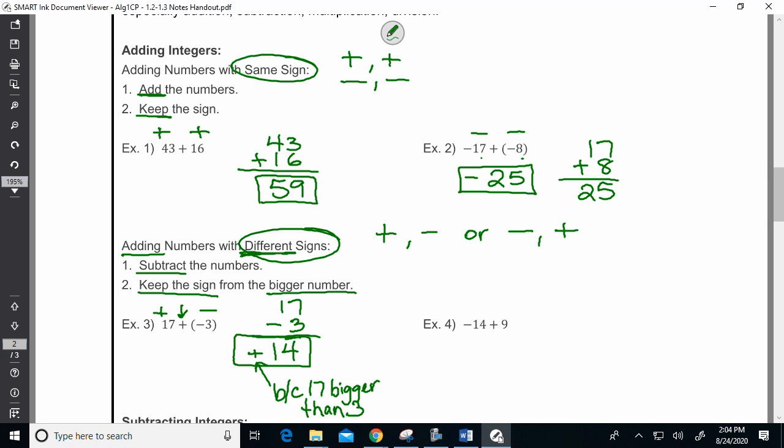And let's do one more example of that. Negative 14 plus 9. So we're adding a negative number with a positive number. So the signs are different. So we subtract the numbers.